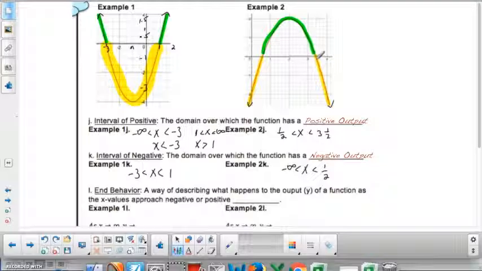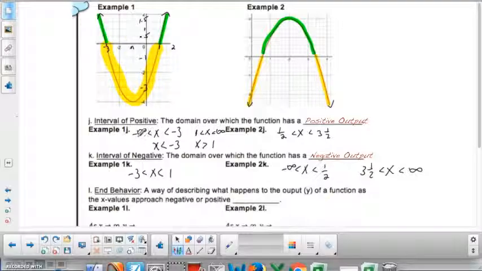Now I'm going to flip over and I have another interval of negative, because starting at 3.5, we start being negative again, and we continue being negative no matter how big of an input I put in, so to positive infinity. If you look at the intervals of positive and intervals of negative together, you should have all numbers covered from negative infinity to positive infinity.